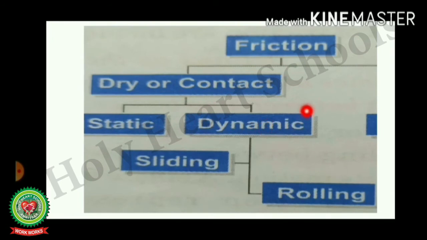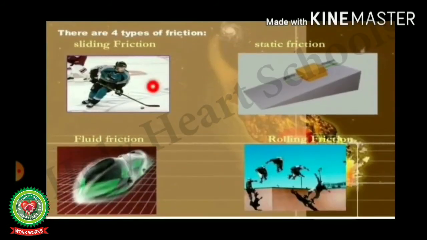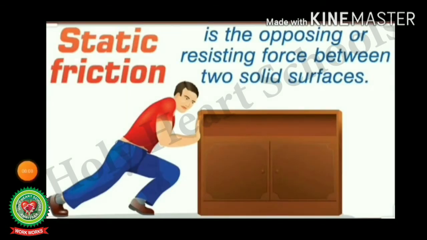Dynamic friction is also known as kinetic friction. It is further divided into sliding and rolling friction. These are the main types: sliding friction, static friction, fluid friction, and rolling friction. We will discuss all these types in detail.